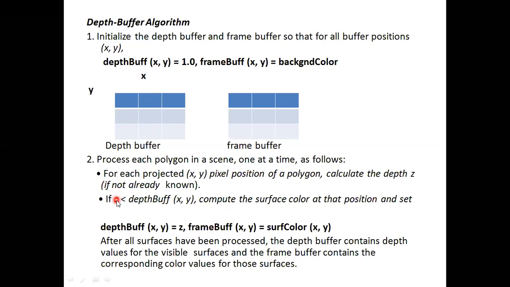Yes, my Z is -2 and the depth buffer of XY at this position is 1. Yes, it is less. So I will replace this depth buffer with Z. That means at this position where it was 1, I will replace that with -2.